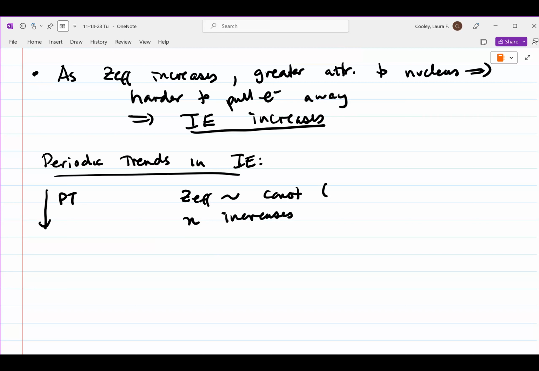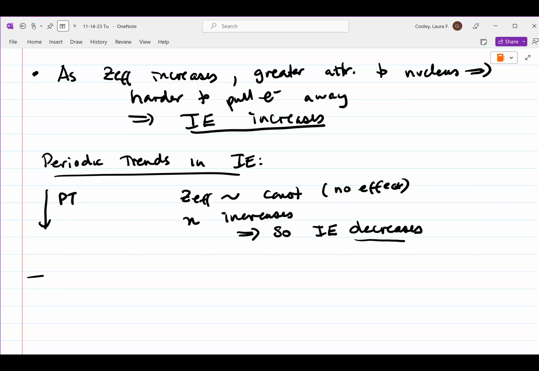So Z effective being constant has no effect. But the fact that N increases, what does that do? As N increases, ionization energy decreases, right? Because it's easier to pull an electron away from a larger N shell.